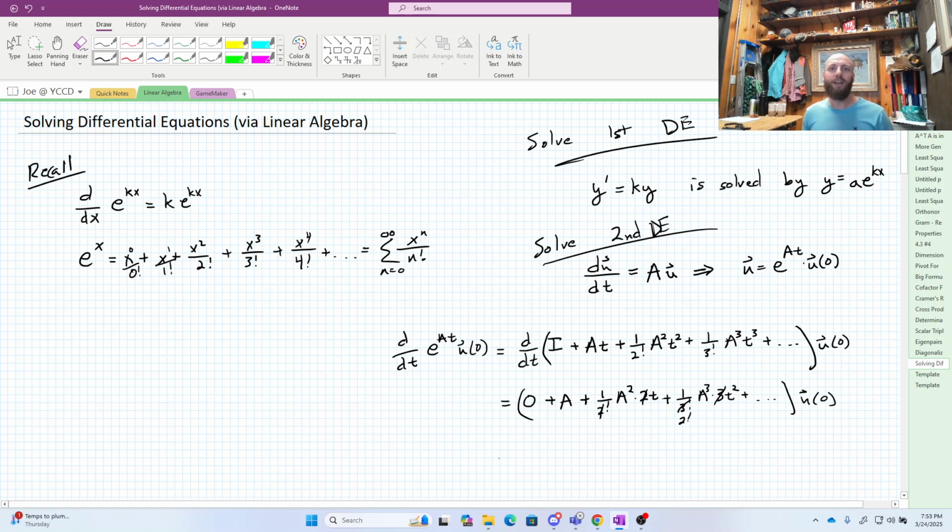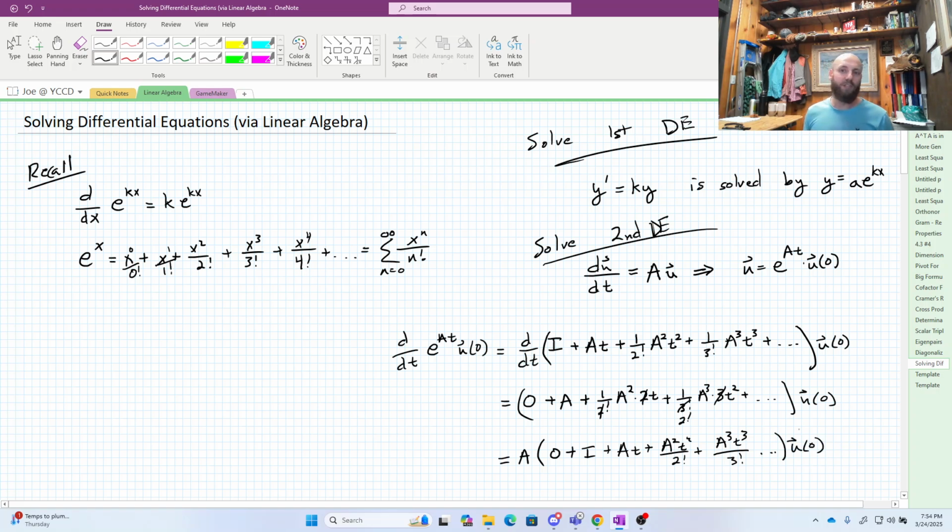So if I factor an A out of this, I'm going to be left with 0 plus I plus At plus A squared t squared over 2 factorial plus A cubed t cubed over 3 factorial. Oops. I needed my dots inside there. And then I've got my u of 0 out here.